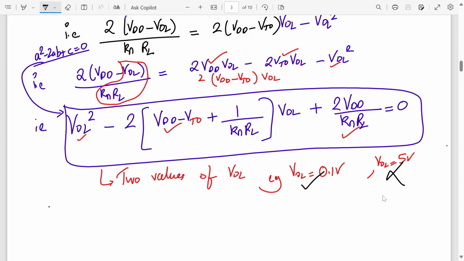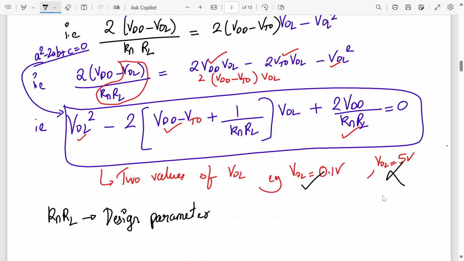Now here the term Kn into RL is a very important design parameter. If you see carefully, in this expression, VDD and VTO are almost fixed. VOL we are finding out, of course. Then the VDD term is there, the Kn term is there, and the Kn into RL term is again coming.